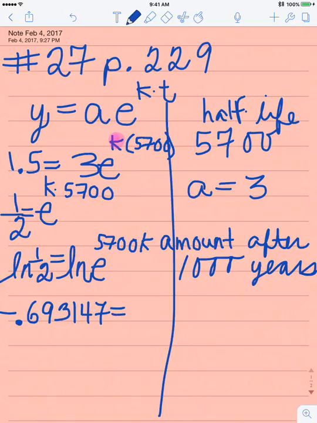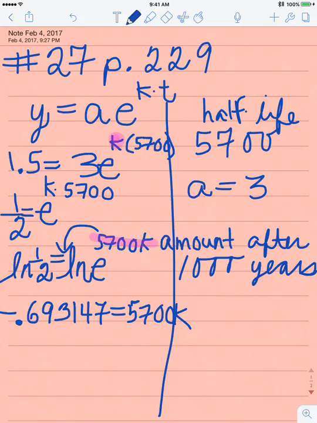Equals the natural log of e, that equals 1, so that cancels down. And the power rule for exponents says that now this comes down, right? The power rule says that this comes down. So I'm left with 5,700k times 1, or 5,700k. Okay?